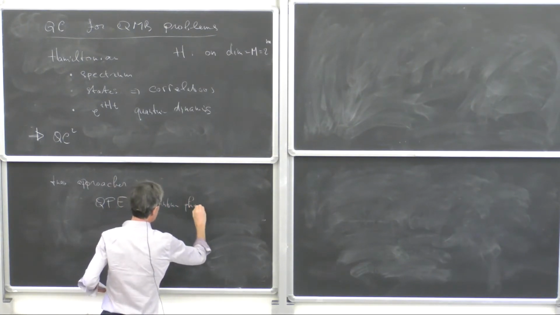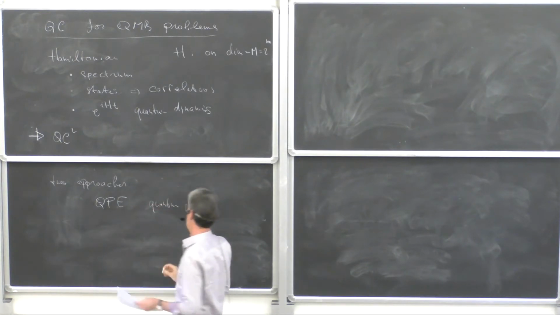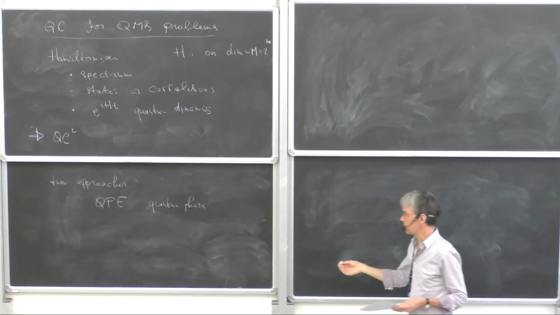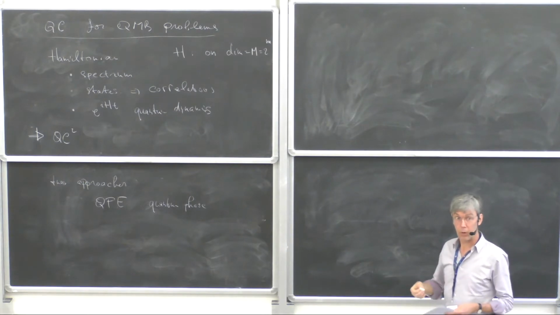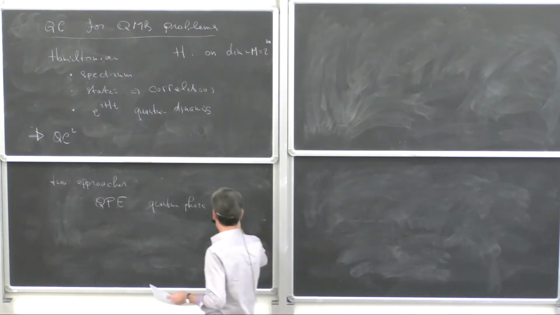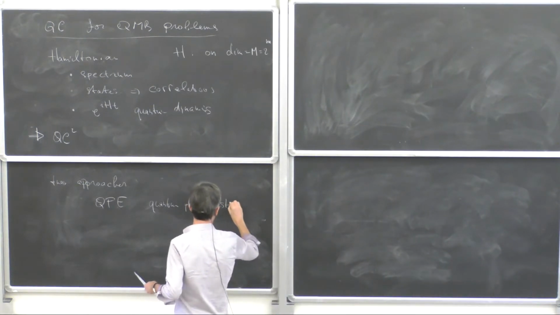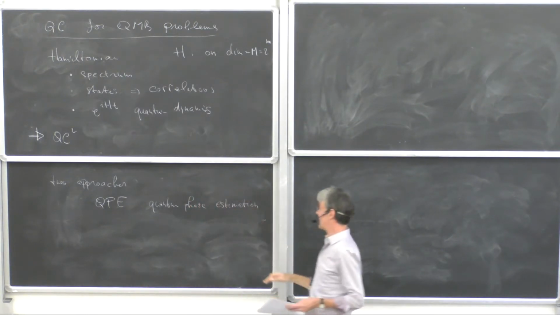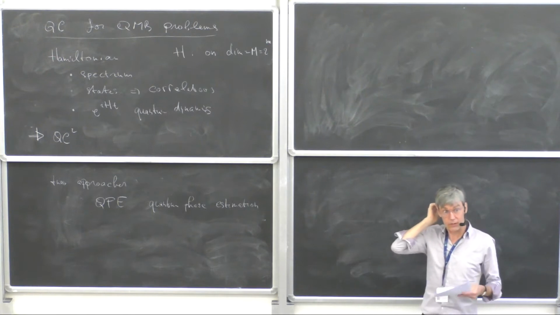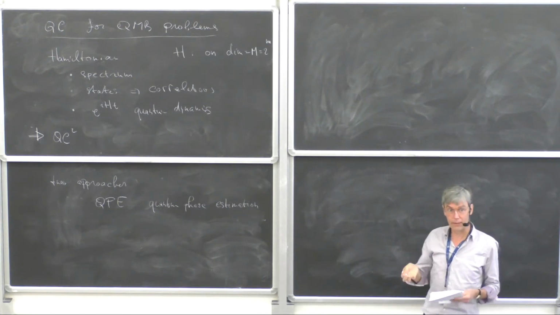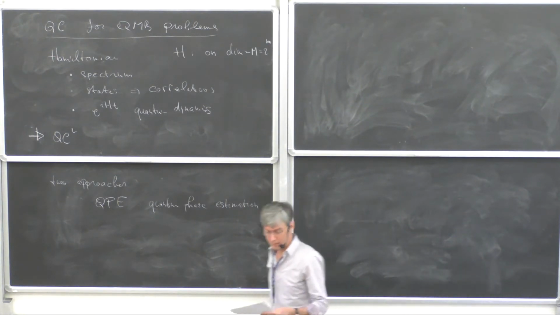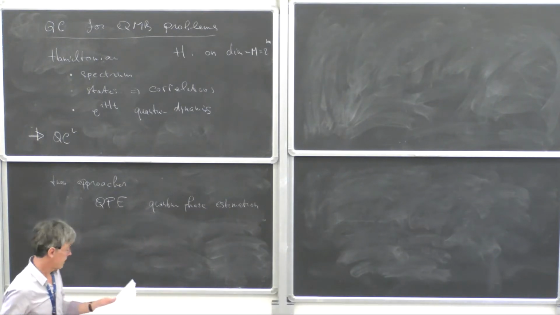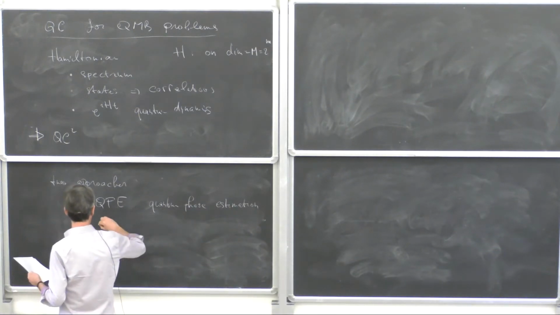It's, if you wish, a trick to measure phases of unitary operators. If you're lucky, it's actually exact, so it's not estimation, it's actually determination. But then you need a bit of special circumstances for that. And the second approach is called VQE.